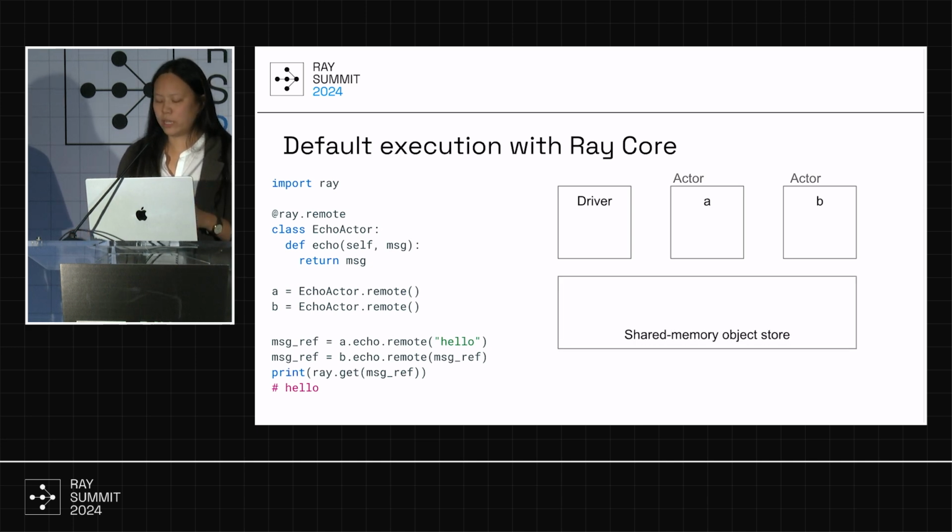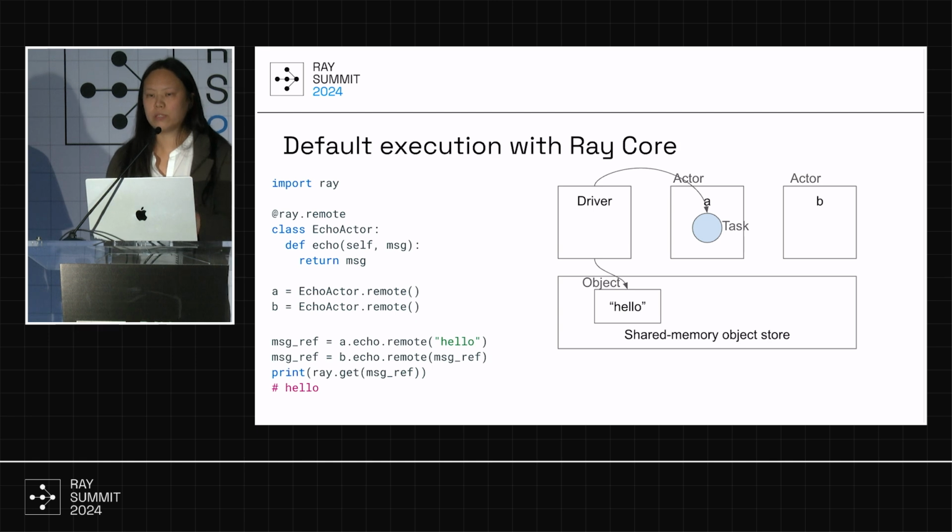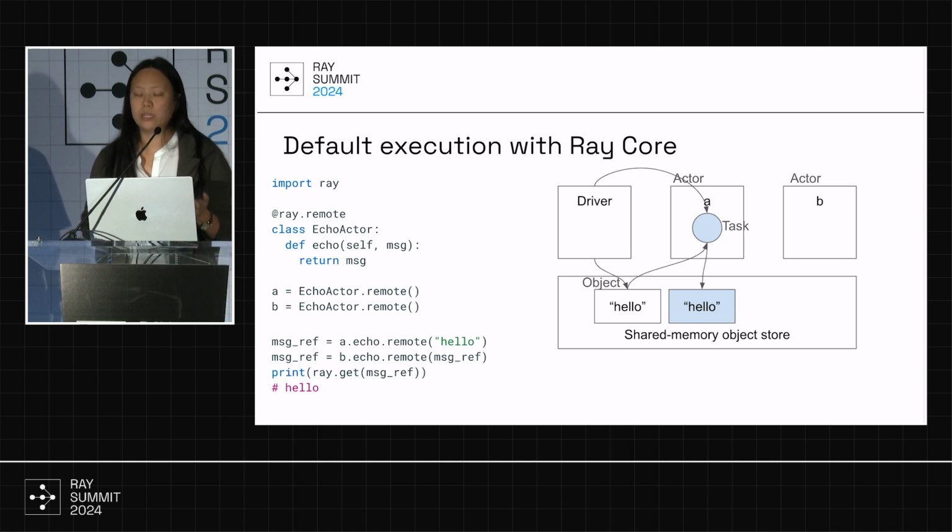And just for the sake of this example, I'll also have the object store here. What this looks like is that we pass the message hello to actor A by creating an object in the object store, and we pass the reference to that object to actor A, which will then read from that object. We have to repeat this same process when actor A creates its return value.